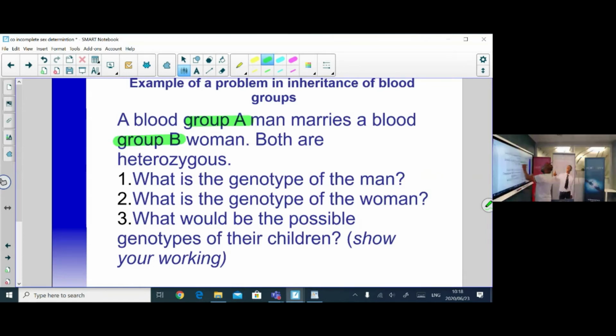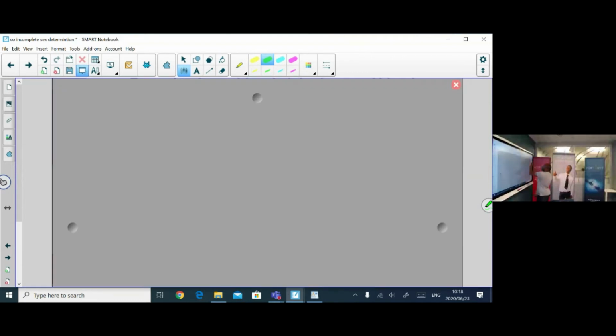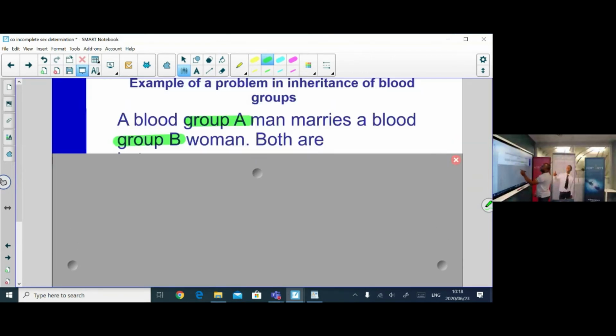Don't worry even if you don't manage to finish it. So from this part alone, a blood group A man marries a blood group B woman. Before I'm told that both are heterozygous, if I only have this information, I can assume two phenotypes.